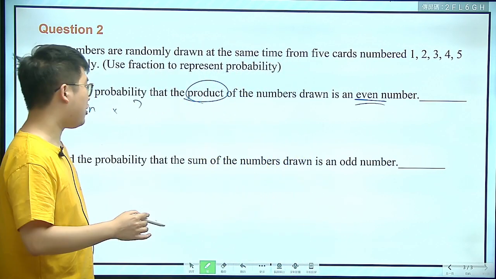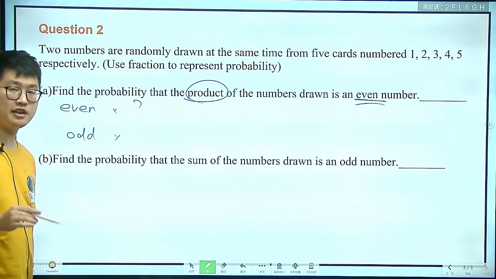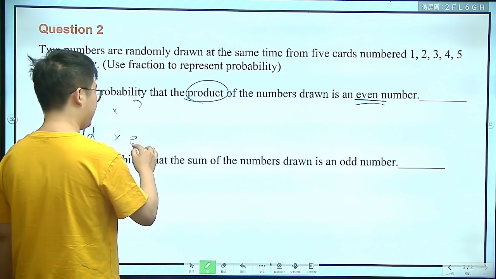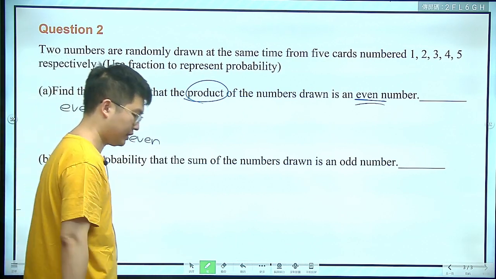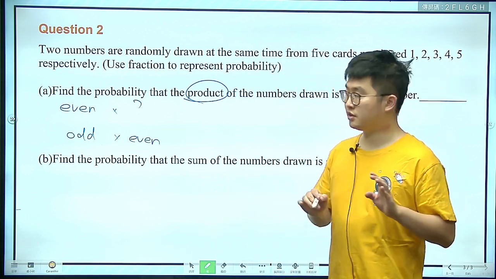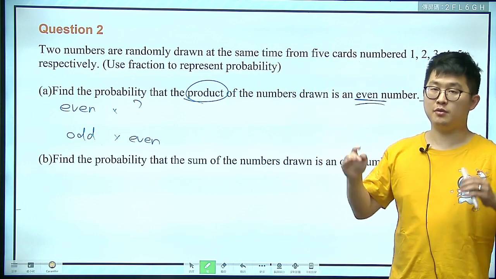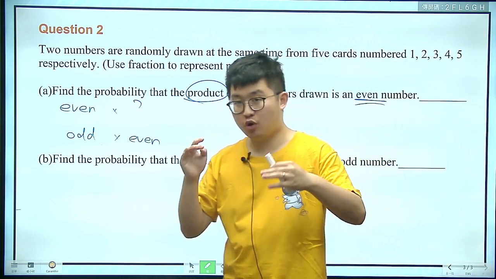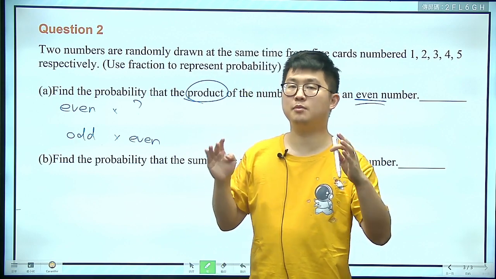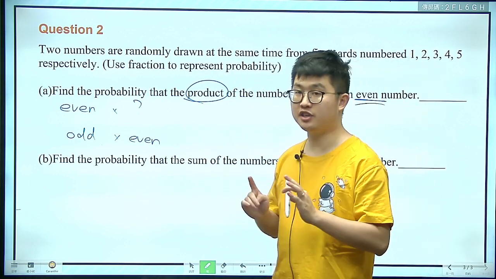But if our first pick is an odd number, then the second number must be even, right? Although this question tells us that we draw 2 cards at the same time, we can imagine that we draw one at a time. This would make it a lot easier for us to figure out the chance.